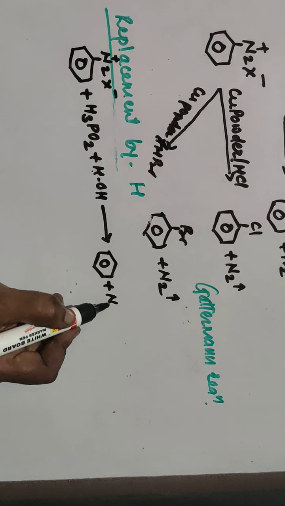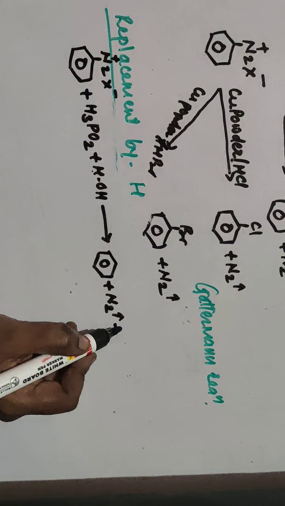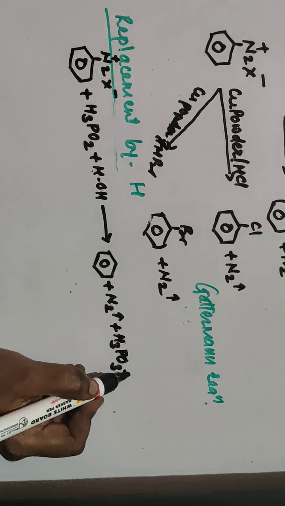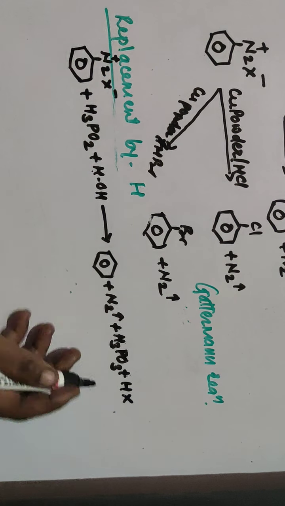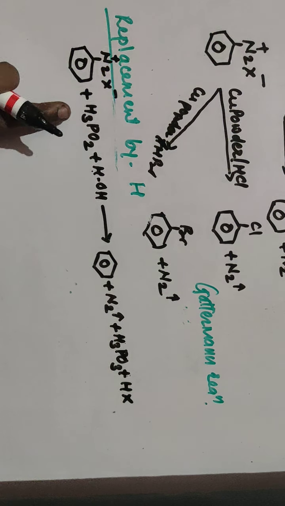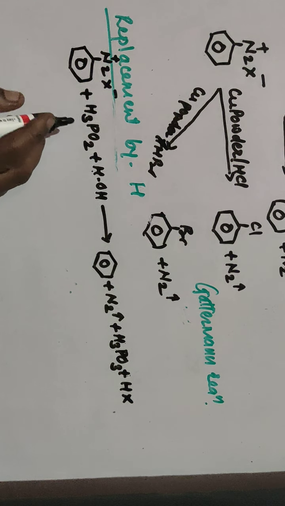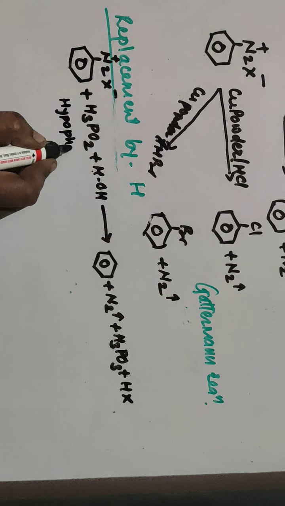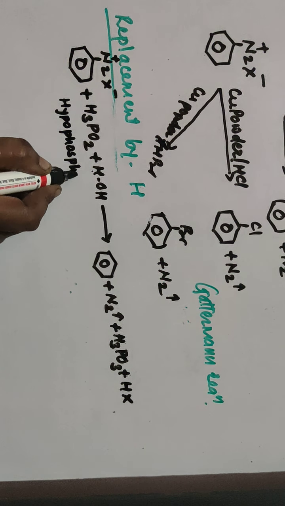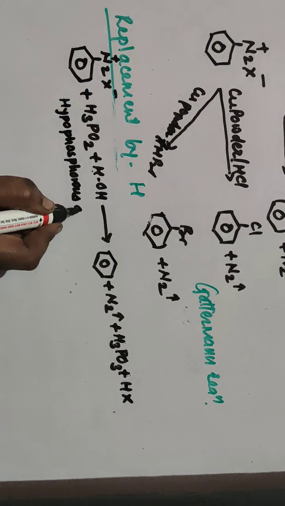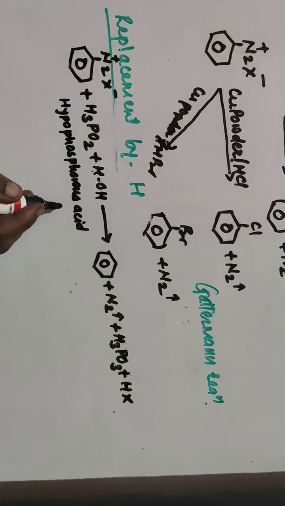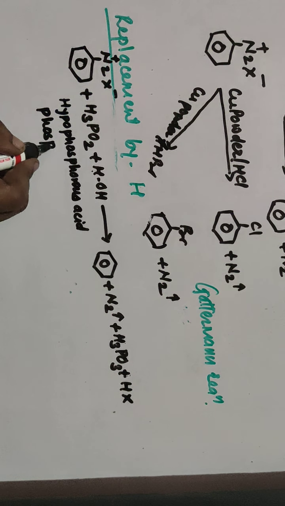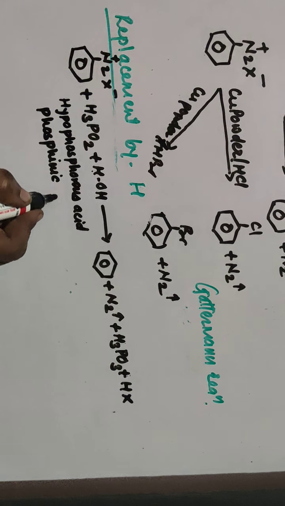Side product is again nitrogen gas, plus H3PO3 phosphorous acid, plus HX. And the name of this H3PO2 is hypophosphorous acid, or this is also called phosphinic acid.